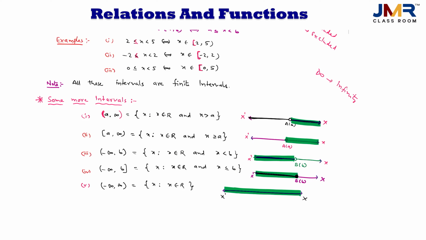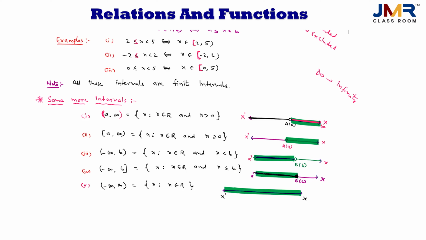So x belongs to R, x is greater than a. Infinity means all values. a to infinity means those values which are right of a till infinity can be written as a to infinity.